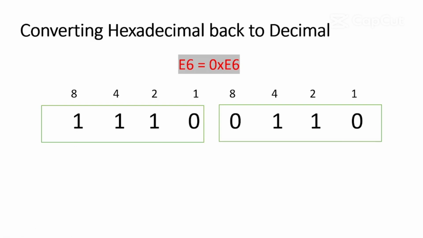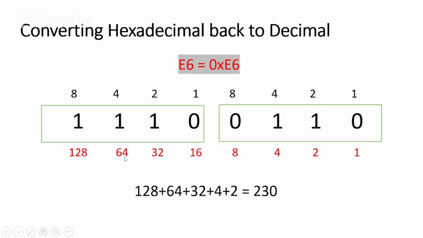Now that we have our binary numbers back, we combine these 4-bit groups into one long binary number and add them using the binary place values. The place values for binary are 1, 2, 4, 8, 16, 32, 64, 128. Let's add the place values and we will get back our decimal number. 128 plus 64 plus 32 plus 4 plus 2 equals 230.